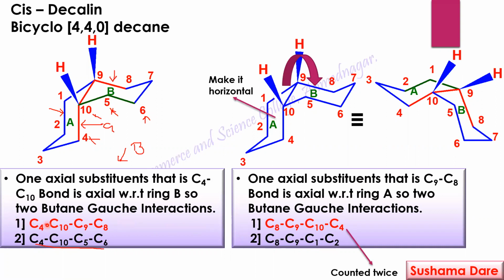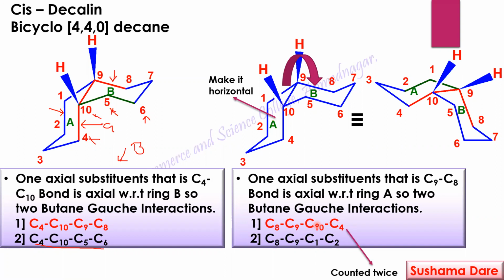And you can see here that this interaction C4, C10, C9 and C8, and here also the same interaction, we counted twice. So overall, though we see 4 Butane-gauche interactions, one interaction is counted twice. Hence, instead of 4 Butane-gauche interactions, there are only 3.